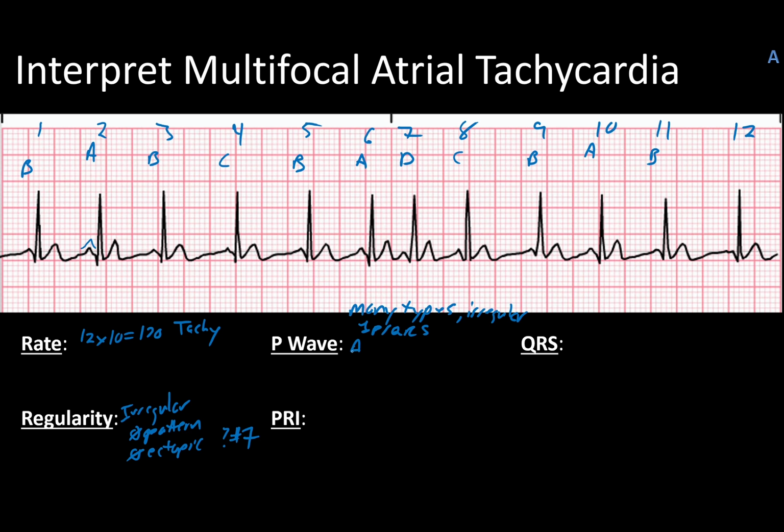So if we go A, B, C, D: we'll say A has a peak to it, B is a little bit more rounded, C is sharp, and D has a dome, we'll call it that. But again, it's 1 P for every QRS, highly irregular. Those are our P waves.